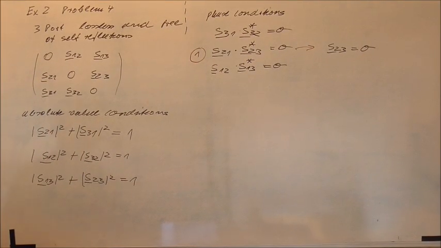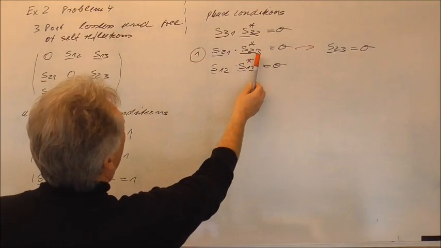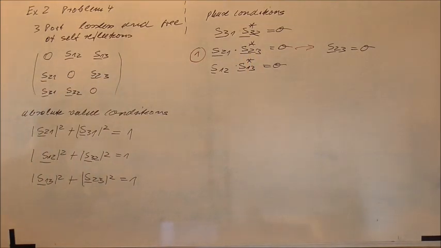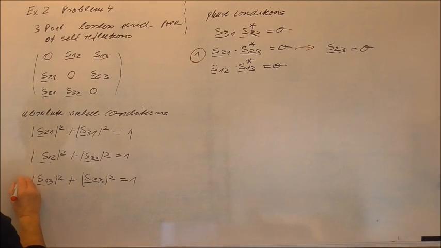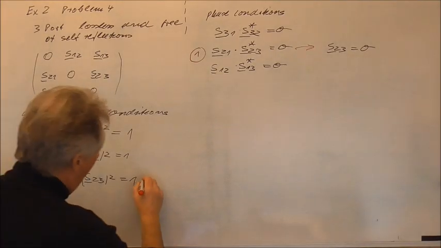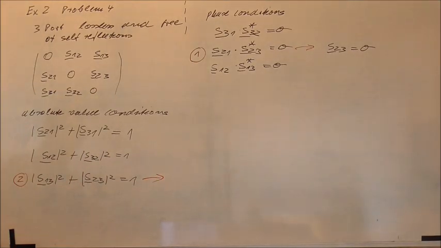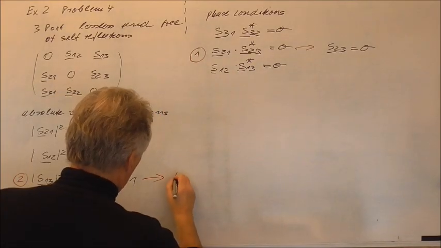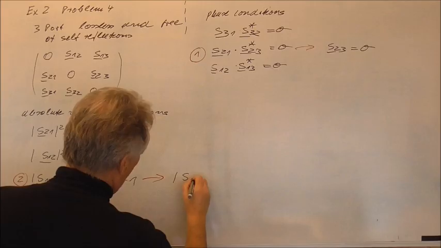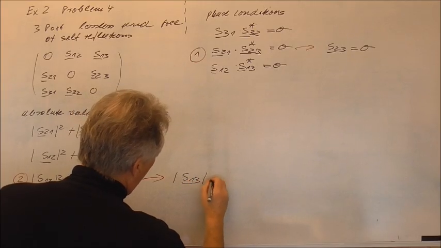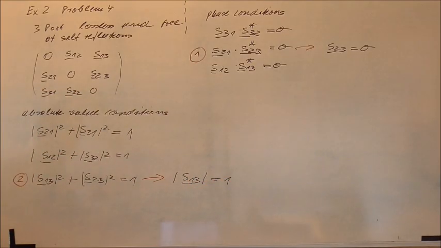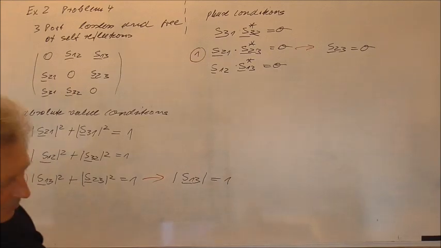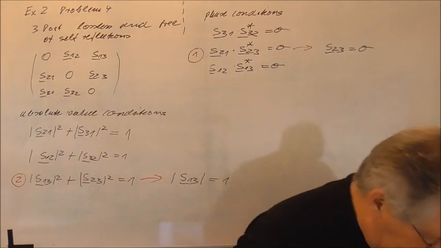But then you see, if this is the case, S23 is 0, and from this equation 2, we find that the absolute value of S13 must be equal to 1. So this is the first step.